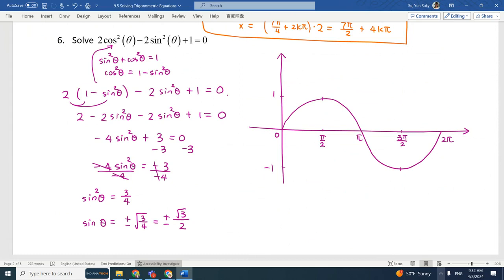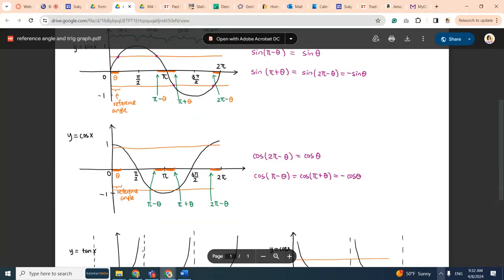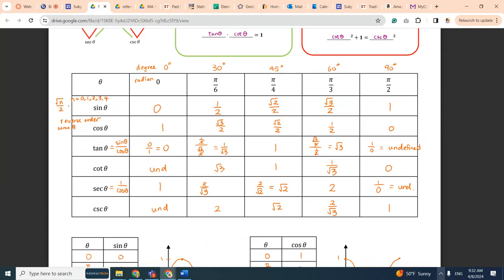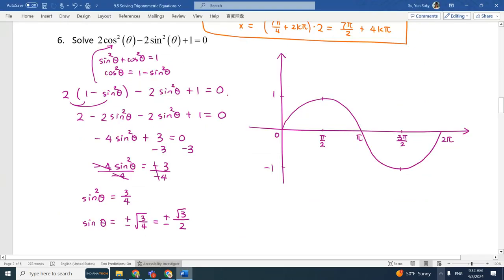Good. Now, is √3/2 a common angle value? Yes. That's why I say always be familiar with the numbers on the table: 0, 1/2, √2/2, √3/2, and then 1. They're the common angle values. And for sine, what angle gives you that? Pi over 3.